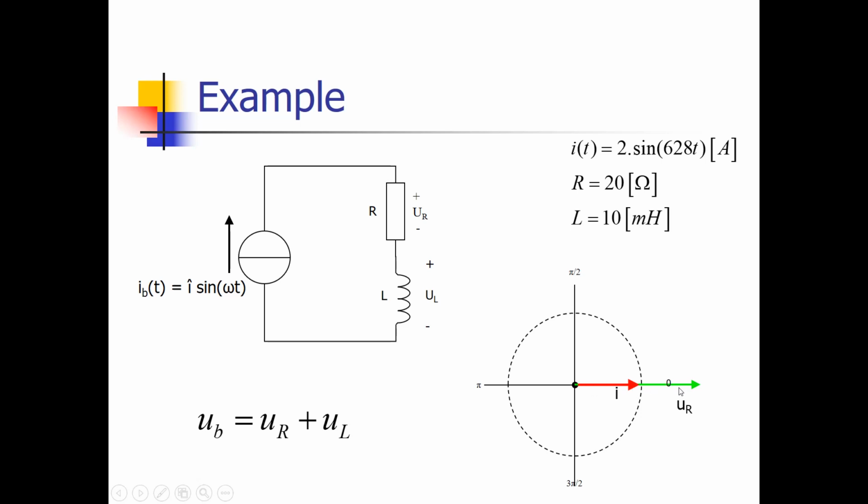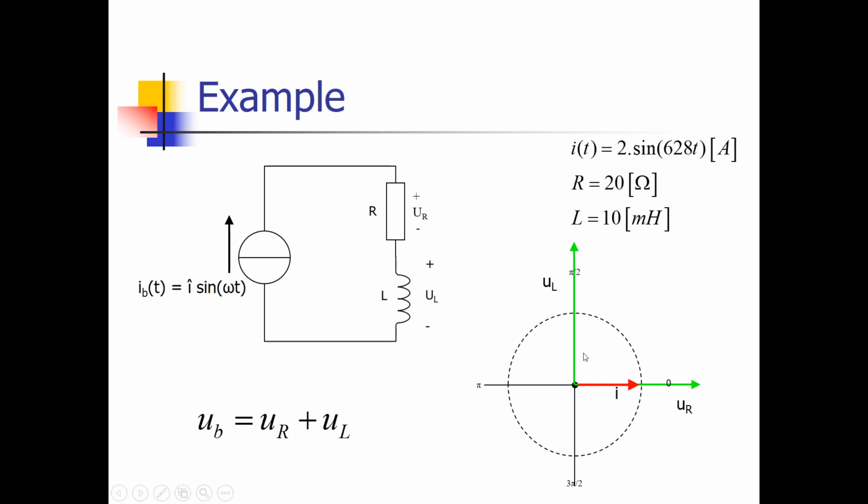So this is UR. Now we can calculate UL, and UL is equal to L times di/dt, which is 0.01 times the derivative of the current over here. And it will be projected on the vertical axis over here.